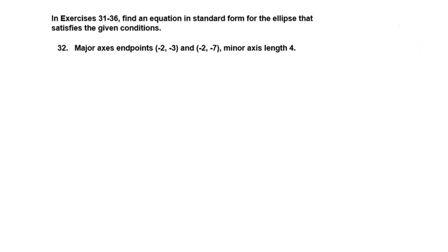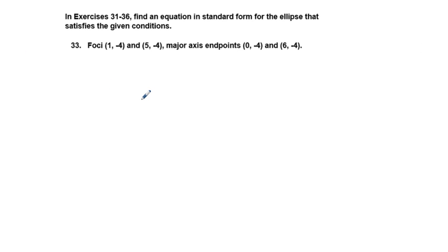The next one on our problem, which is 33, in this case we're given that the foci are 1, -4 and 5, -4. Our major axis endpoints are 0, -4 and 6, -4. So let's go ahead and just sketch out what this looks like.